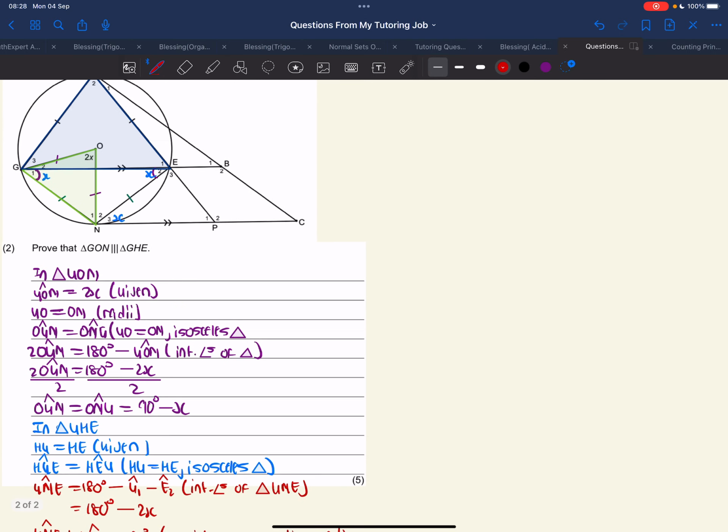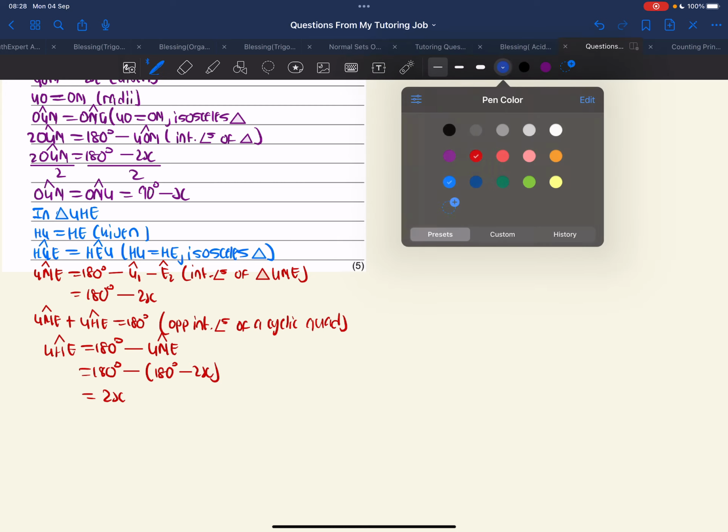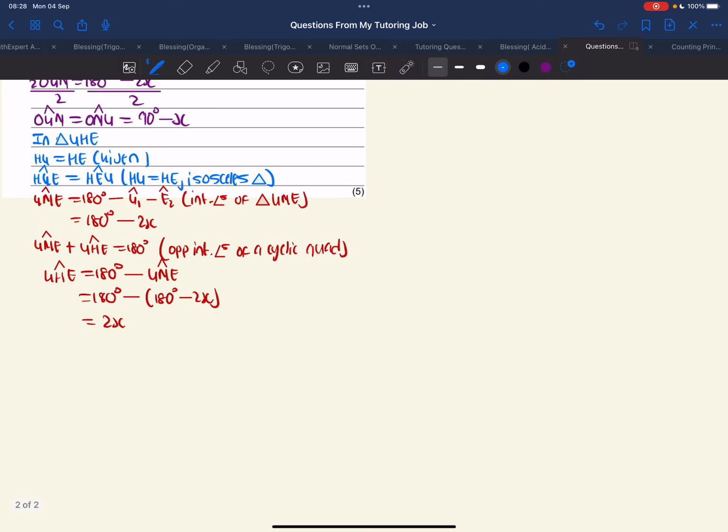Now to find the other angles, I'm going to switch to blue. 2 times HGE is equal to 180 degrees minus GHE, interior angles of a triangle.